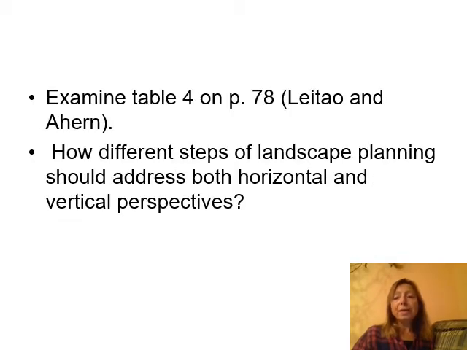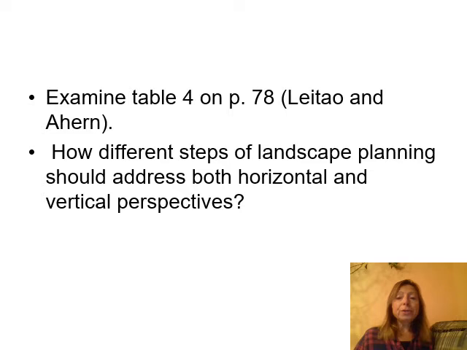So some examples of landscape metrics are available in table 4 on page 78 in Leitao and Ahern. This article is available in your optional readings on the Blackboard. Please use it in Lab 4. It might be also useful for your project proposals, especially the second round of your project proposals.